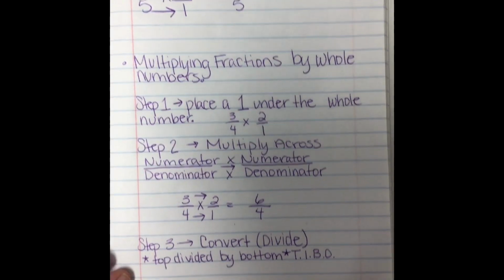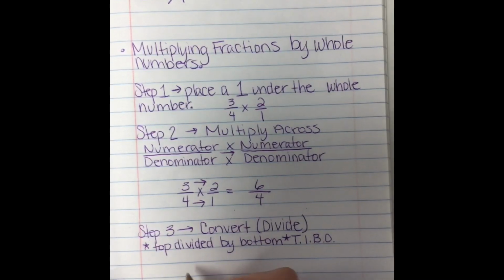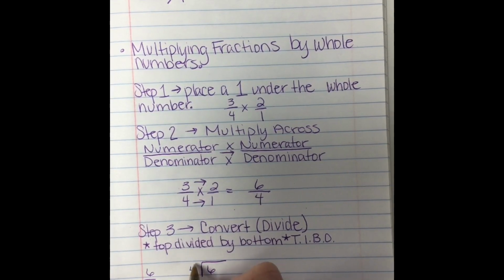Step 3, convert, which means divide. Top divided by bottom. Tybo. Top in, bottom out. So 6/4, we're going to just say 6 divided by 4.